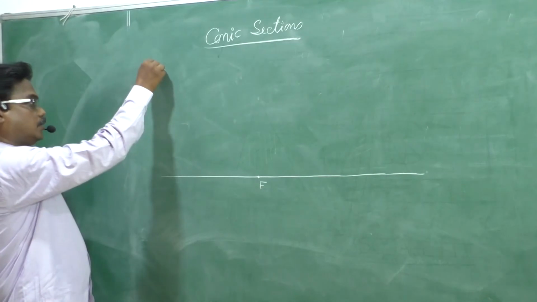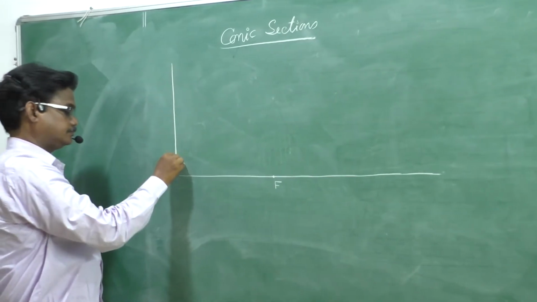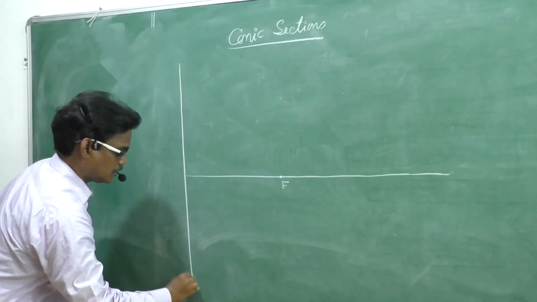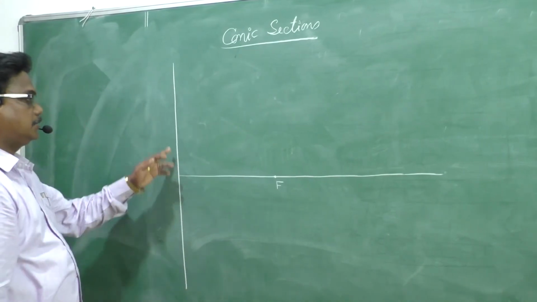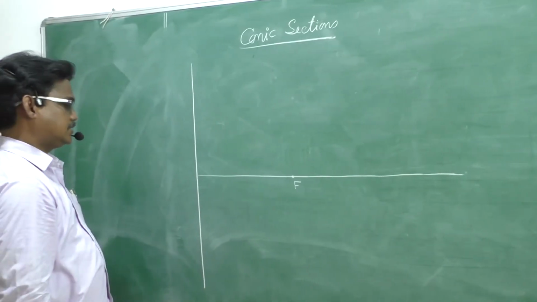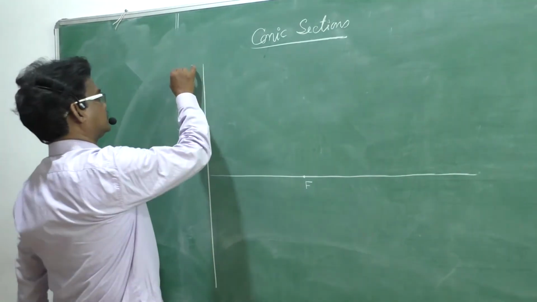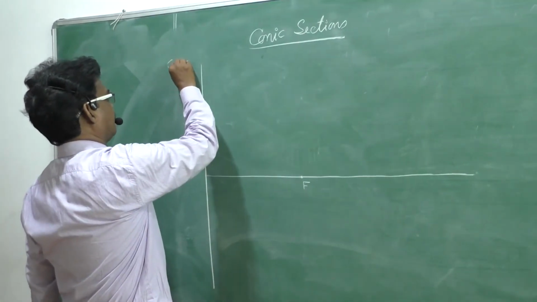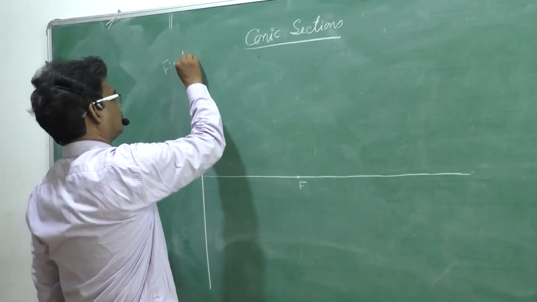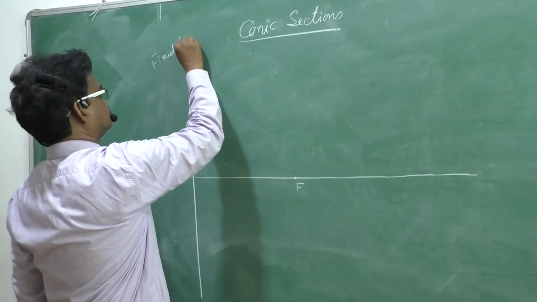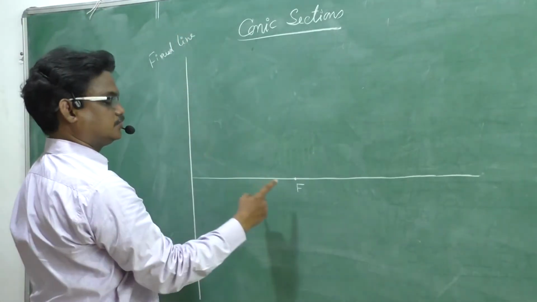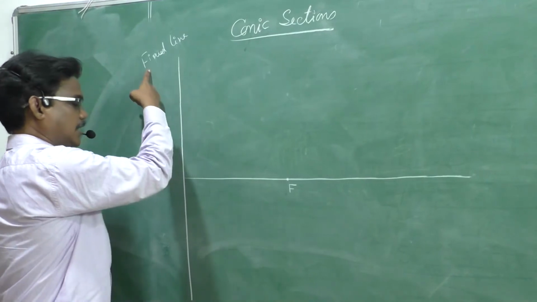And I want to consider a line perpendicular to the horizontal line. This line we can call a fixed line. This is the fixed point, this is the fixed line.